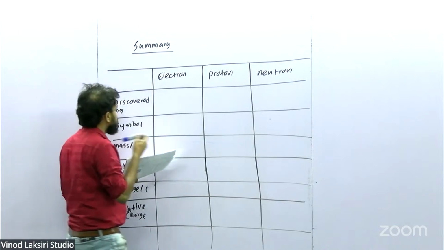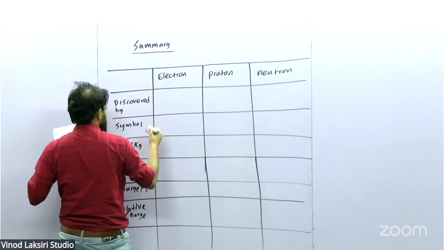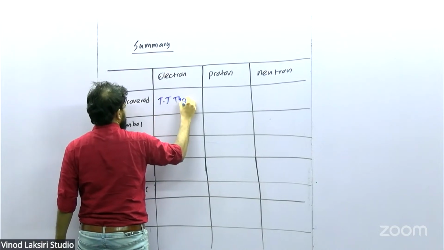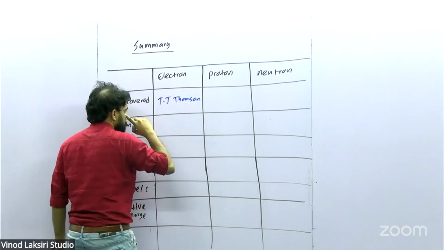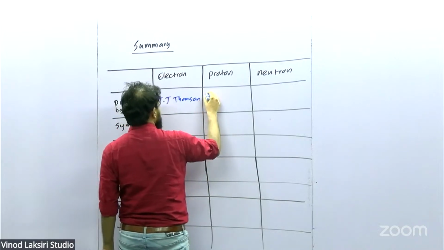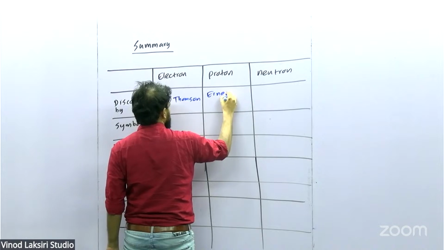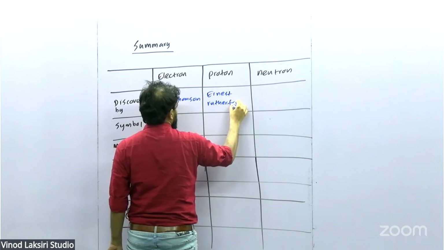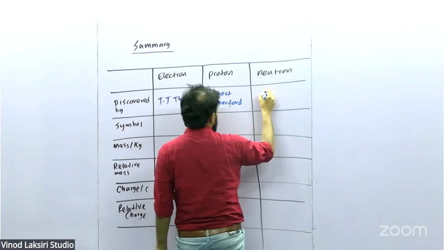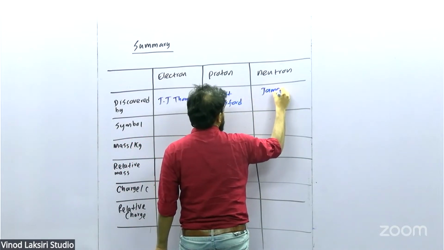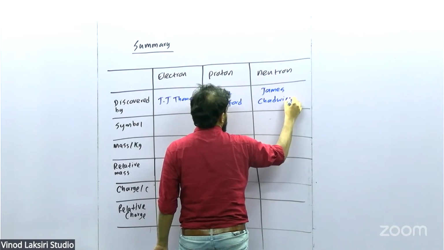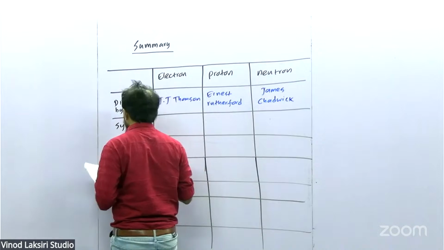Right, first one. Electron discovered by J.J. Thomson. Proton discovered by Ernst Rutherford. Neutron discovered by James Chadwick. Then a symbol.